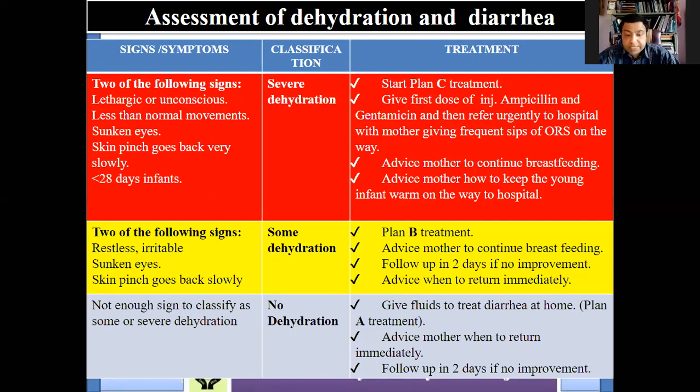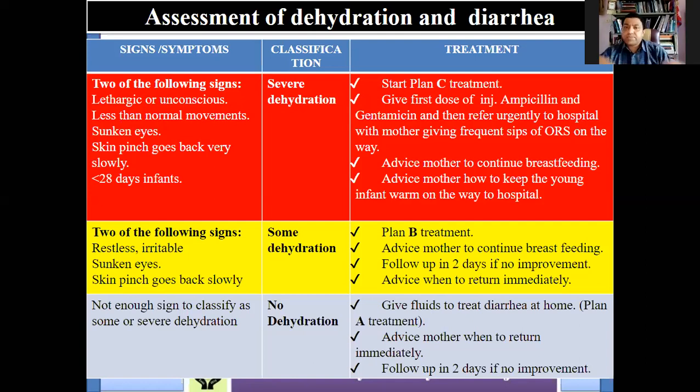If two of the following signs, either restless or irritable, or sunken eyes, or skin pinch goes back slowly, then some dehydration. Plan B treatment, plus advise mother to continue breastfeeding. Follow up in 2 days if no improvement, and advise when to return immediately.